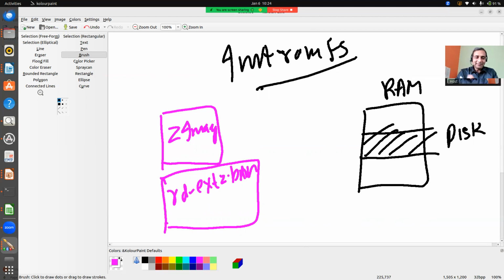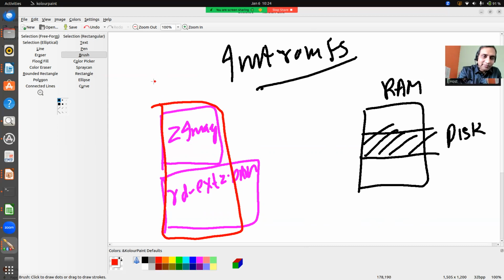Now, what if I combine both of these images into a single image? That means your kernel and root file system are packed into a single image, and that's what we collectively call init ramfs.